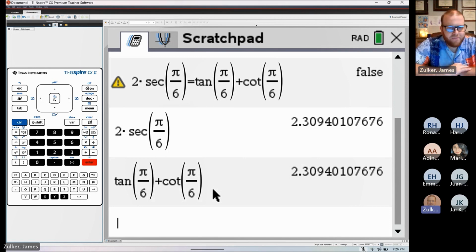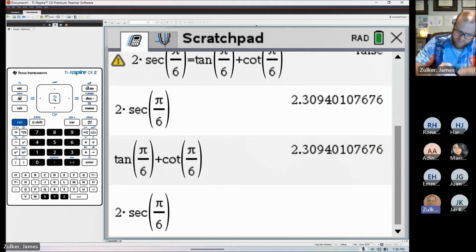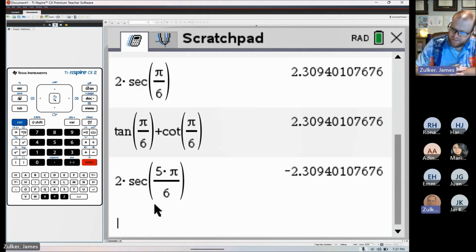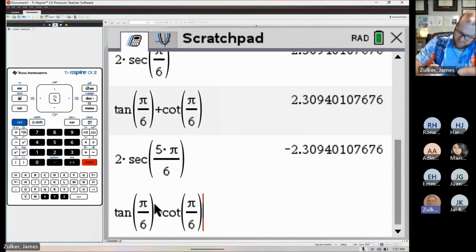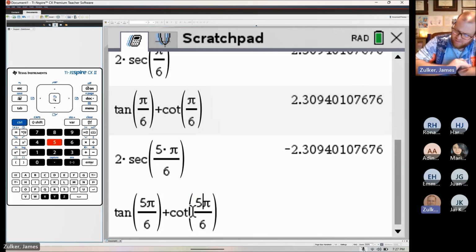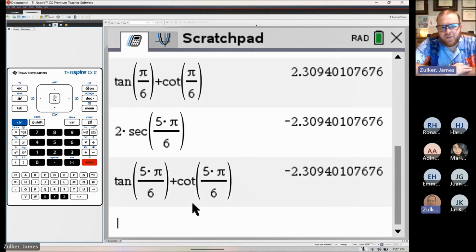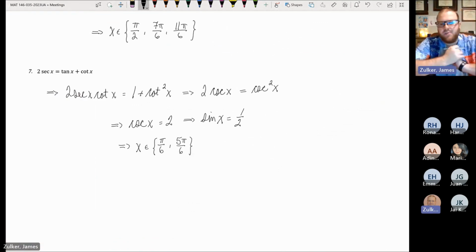So pi over 6 checks out. All right, now let's just check 5 pi over 6. It was the other solution. That also checks out. So that would be our complete solution set.